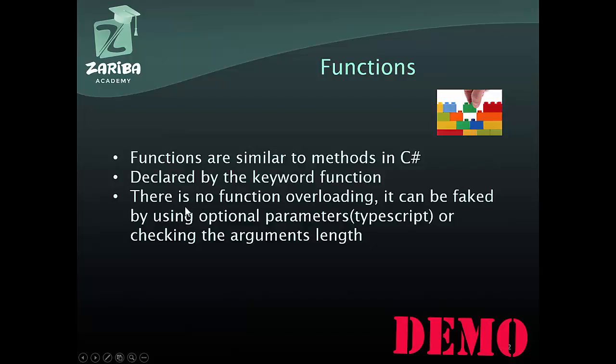There is no function overloading, which is a shame. It can be faked by using optional parameters in TypeScript, or checking the arguments length, which is even worse. Like check how many arguments you have and then act correspondingly depending on how many you have. This is really terrible.